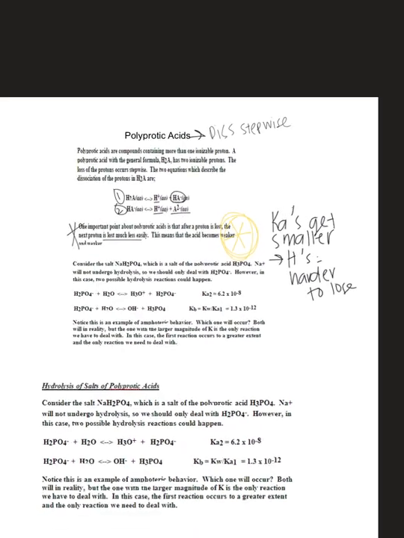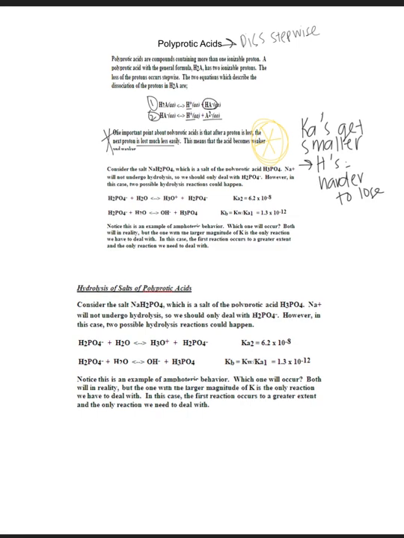So really, in all reality, the first hydrogen that dissociates is the most important one. What we're going to see on the next page is a stepwise dissociation of these polyprotic acids, and I'm not going to lie, it's kind of intimidating, but it's going to be okay.